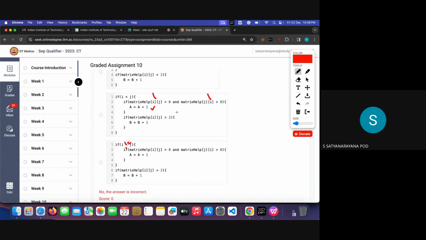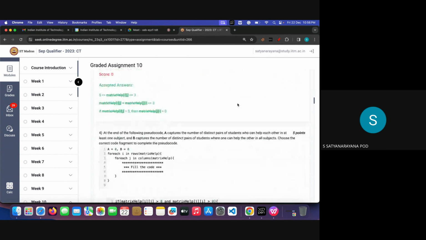This exclusively works for greater than 2 as well, no? I is helping j in one subject, j is helping I in two subjects maybe. At that time also this is increasing. Is it right? So A has to be increased if and only if at least one, sir.